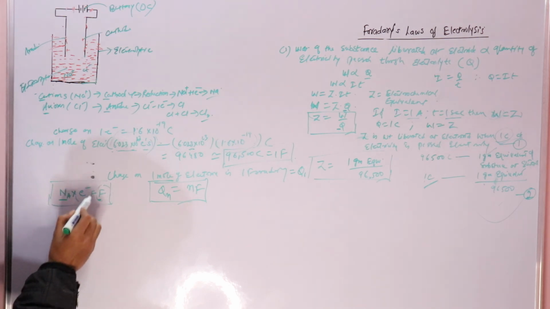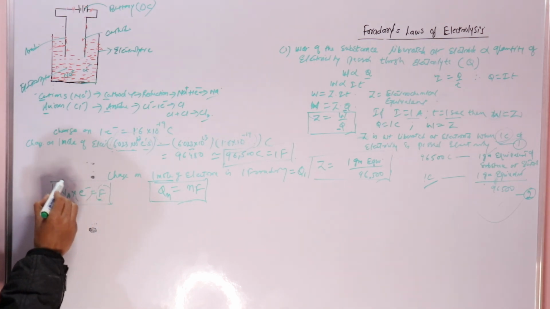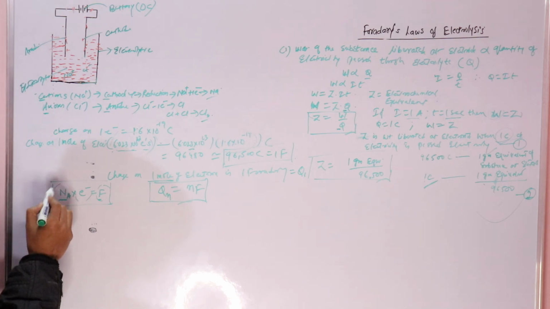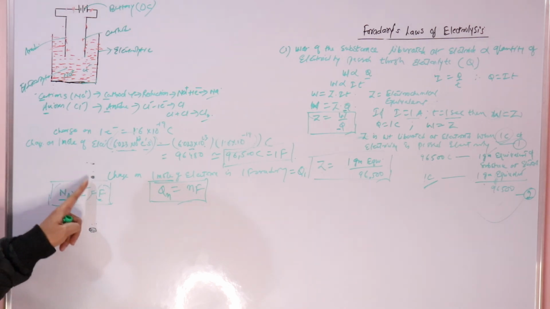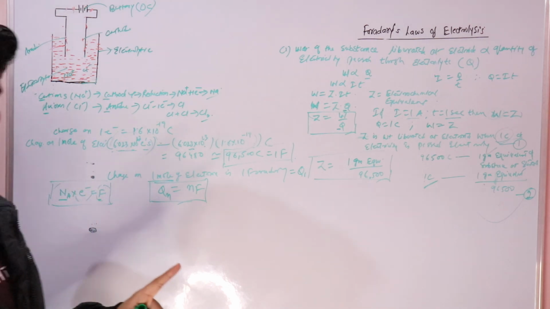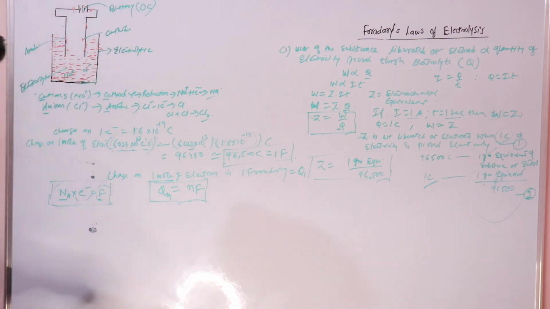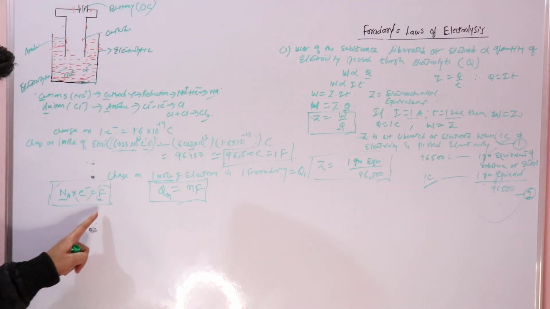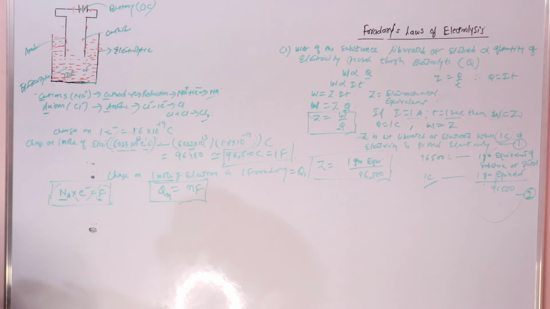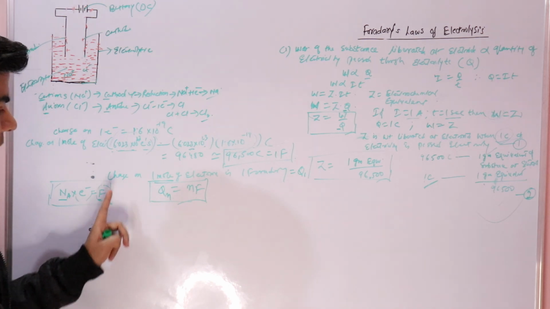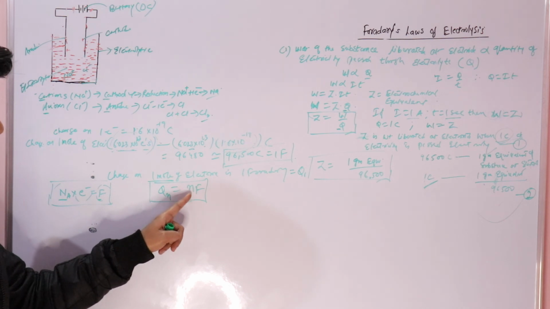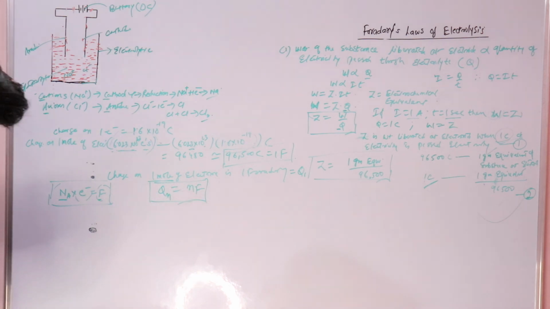This is the charge on Avogadro number of electrons, which is 6.02 into 10 to the power of 23, which is 1 mole. So 1 Faraday is the charge on 1 mole of electrons, right? So if the charge on 1 mole of electrons is 1 Faraday, then the charge on n moles of electrons would be, we'll multiply with n, nF, right?